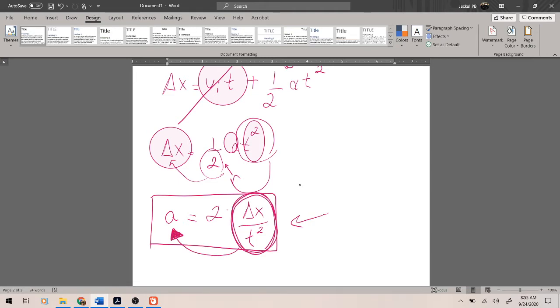So what does that mean? The ratio of delta x to t squared, when you multiply that ratio by 2, you actually get the acceleration of the system. And what data do we have?